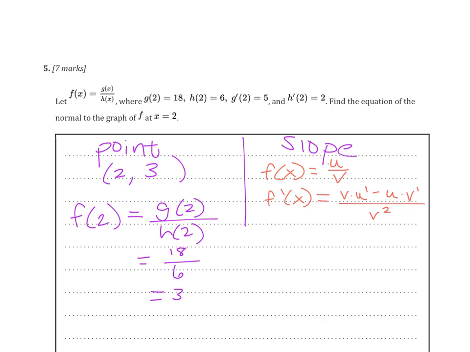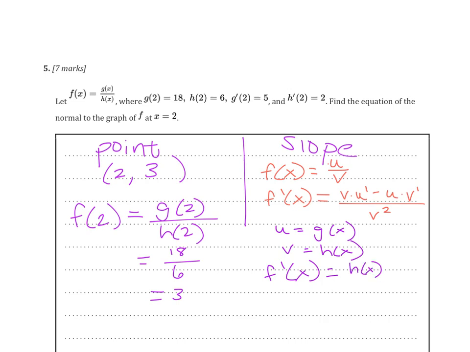And so what we need to do is go ahead and label. In this scenario, we have u as the function on top. So we can label u as g of x. And v is the function on the bottom. So v is h of x. So substituting into that formula, v is h of x.